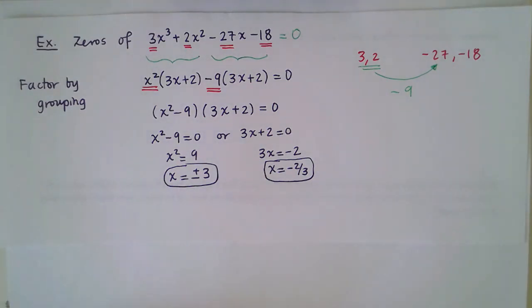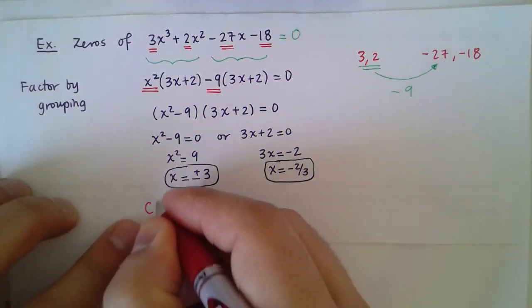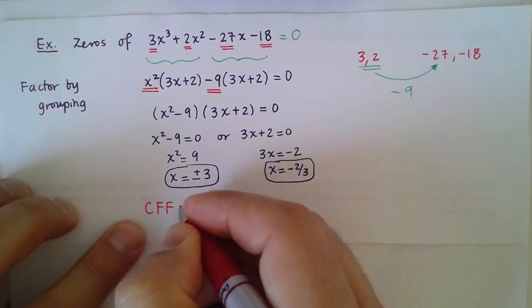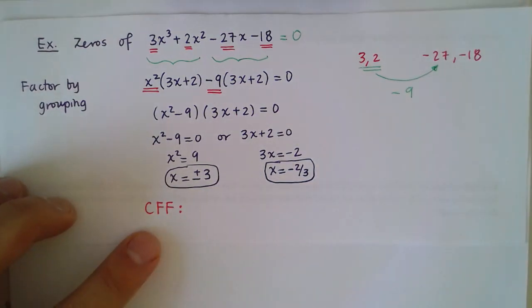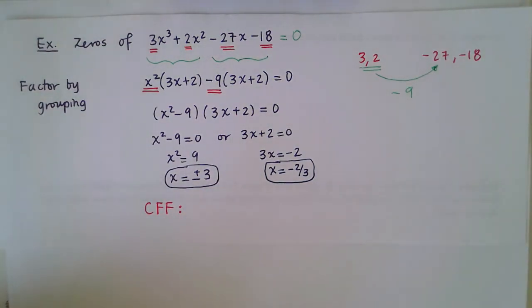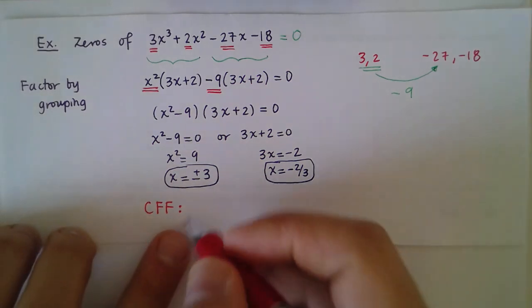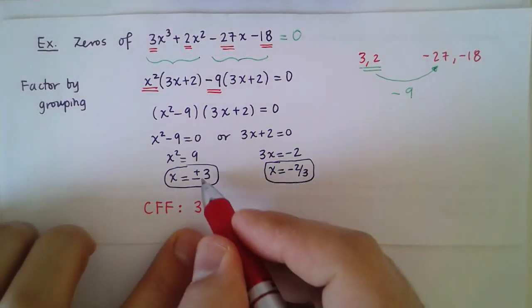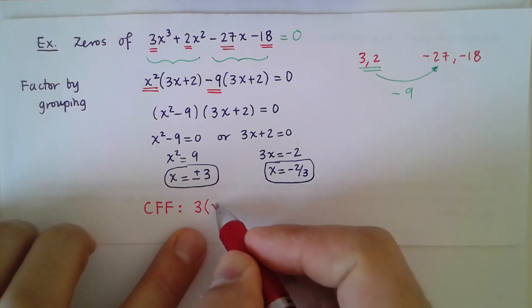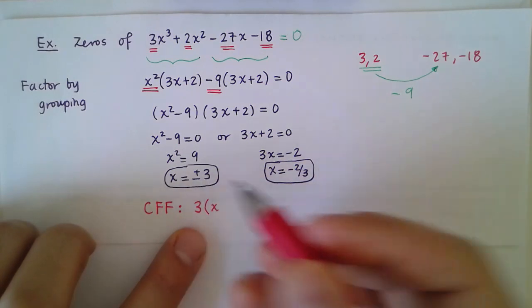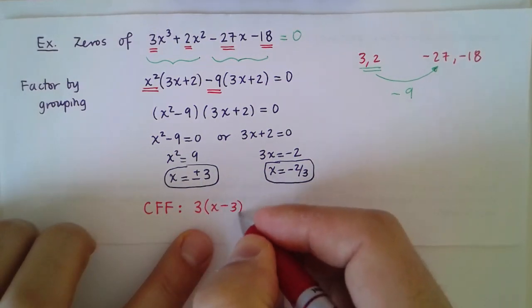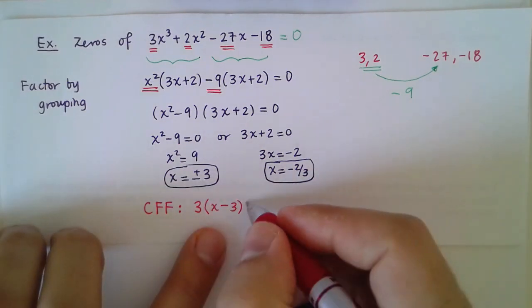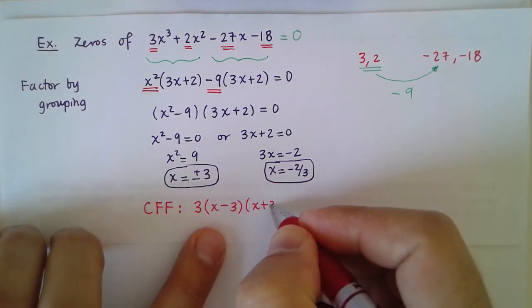So we just studied something like complete factored form of this polynomial. You write down all the linear factors and the leading coefficient. The leading coefficient is 3. For x equals 3, you have the factor x minus 3. For negative 3, you have x plus 3.